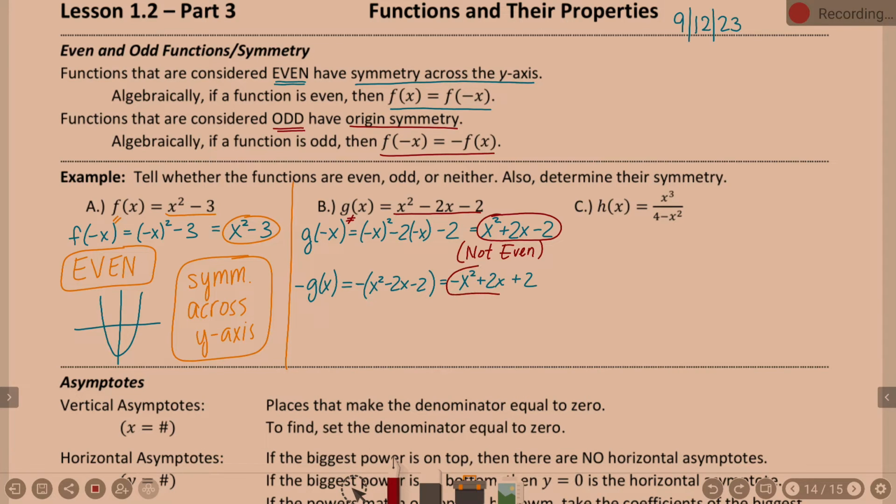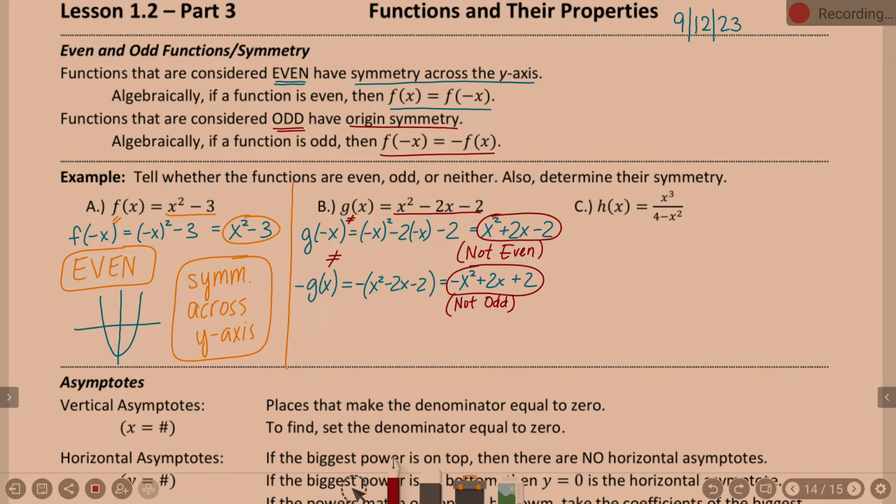Well, what did we just find out now? Okay, yeah. Is g of negative x the same as negative g of x? No, those two are not equal, and so now I can say that it is not odd.